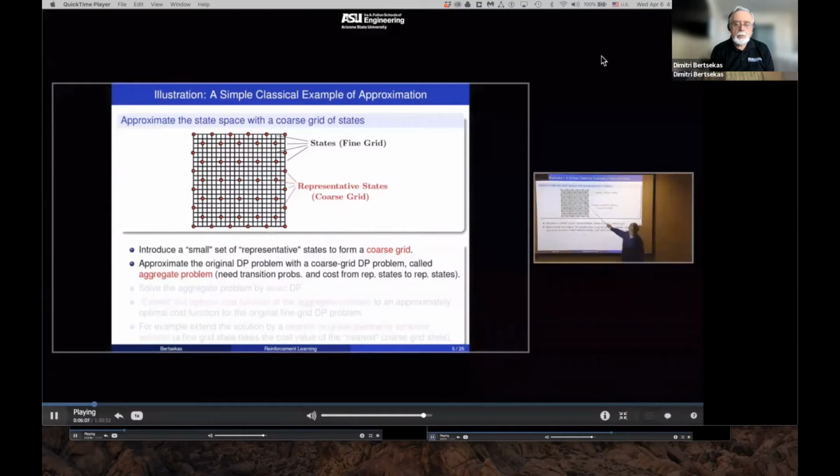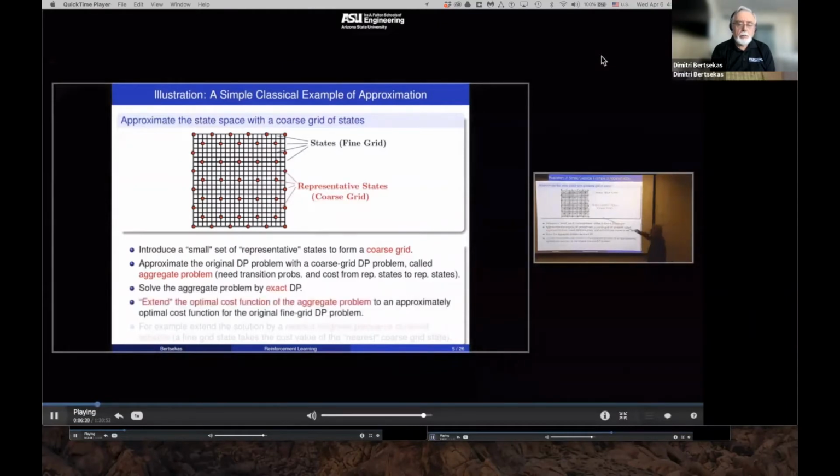In order to define an aggregate problem, we need to define transition probabilities, and we need to define also the cost of transition from red states to red states. Now, suppose we have done that, we can solve the aggregate problem by exact dynamic programming. Because there are fewer representative states, we may consider doing that.